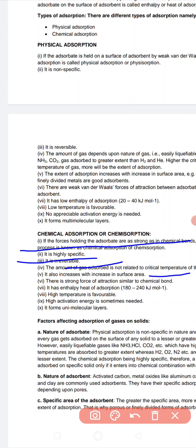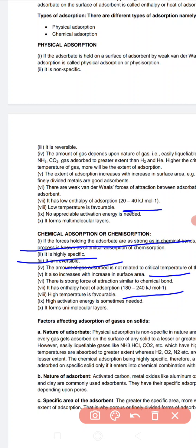It has a high enthalpy of adsorption, 180 to 240 kilojoule per mole. In physical adsorption, the enthalpy was only 20 to 40 kilojoule per mole, but here it is 180 to 240 kilojoule per mole. That is one of the important characteristics.